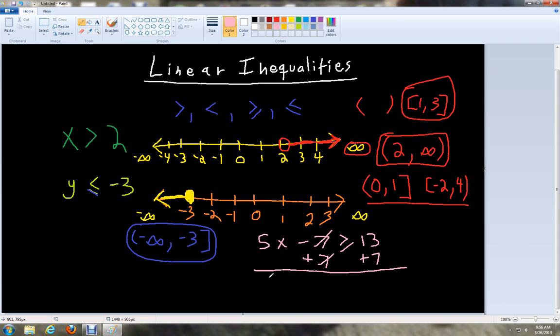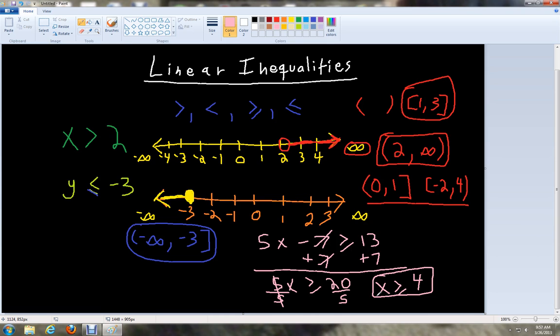Those will cancel. And then we have 5x is greater than or equal to 13 plus 7 is 20. And then we divide both sides by 5. So those cancel. And then we're left with x is greater than or equal to 20 divided by 5 is 4. So x is greater than or equal to 4.